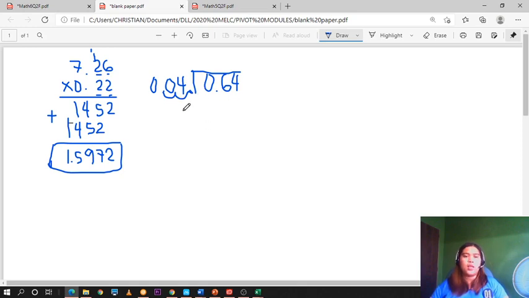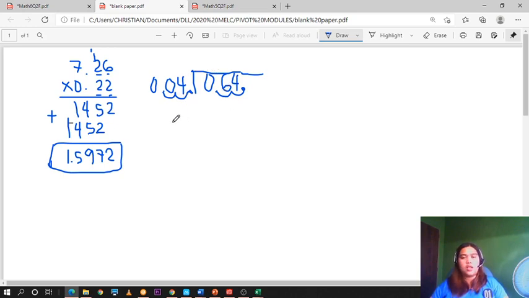So, kung ilang beses natin minove yung decimal point sa divisor, yun din yung imomove natin sa dividend. So, kung ilan ba ang minove natin dito? So, 1, 2. So, nandito na ang ating decimal. Okay. So, now, kung nandun na ang decimal, ito ay magiging 4 na lang, ito ay magiging 64.